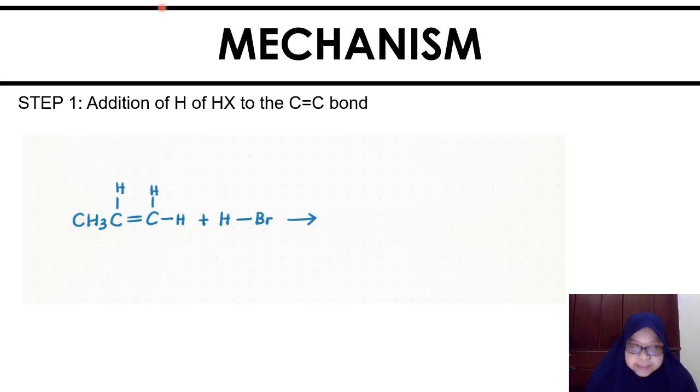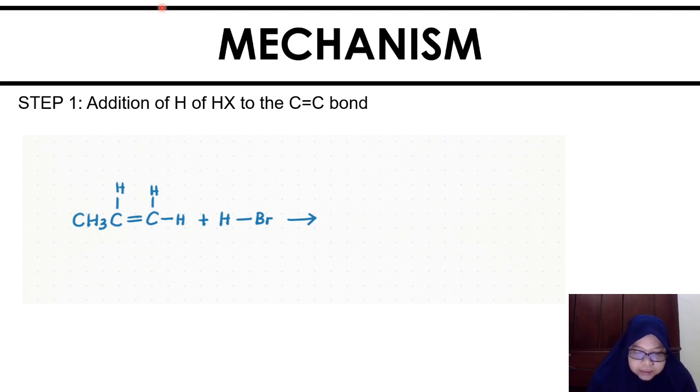In the first step, the hydrogen of HX will be added to the carbon-carbon double bond. Since we know that the mechanism is the reaction that will show us the movement of electrons.